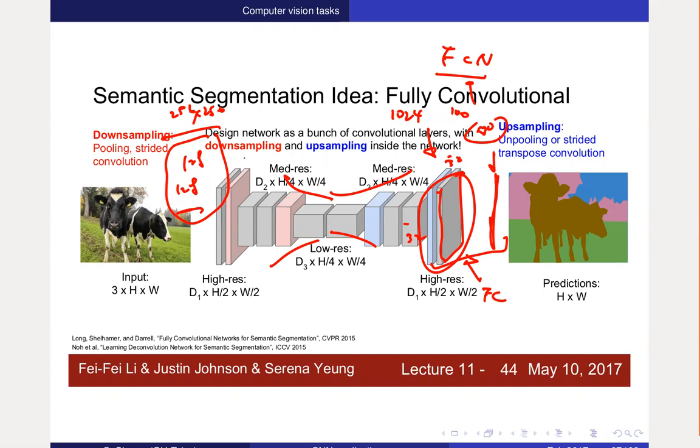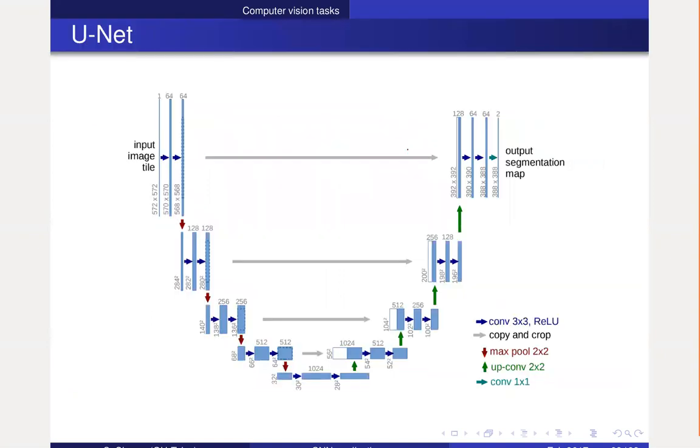But on the other hand, if you don't have the fully connected layer here, you don't have this restriction on the dimension of your input. So anyway, this is a semantic segmentation result using this kind of fully convolutional network. And to talk about semantic segmentation, I should really mention the UNet.